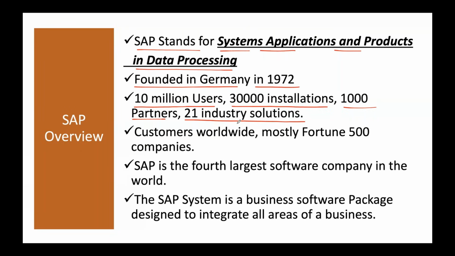They have customers worldwide, and mostly Fortune 500 organizations are using SAP. Fortune 500 organizations means top-notch companies in their domain, in their industries. Suppose if you take automobiles, Toyota is the biggest and largest automobile company in the world.